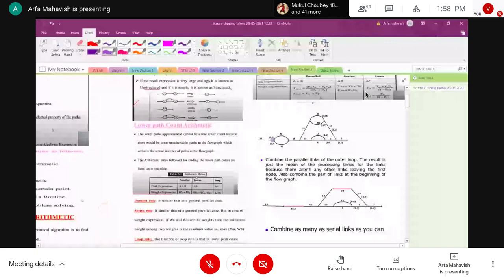The result is the processing time of a linear link, because there are no other links leaving the node. Also, we combine the pairs of links at the beginning of the flow graph. We combine the serial links and remove the nodes.